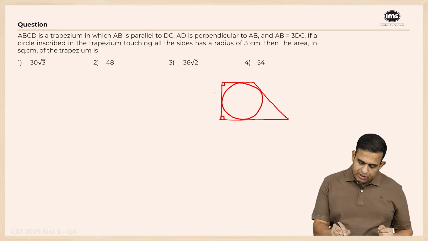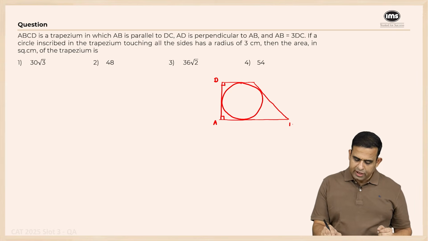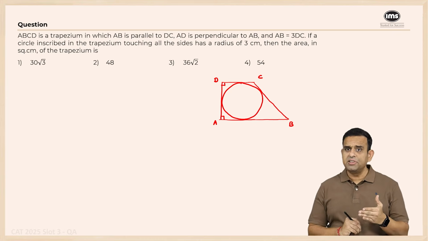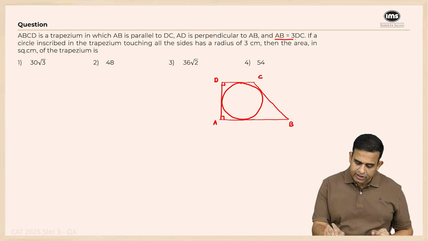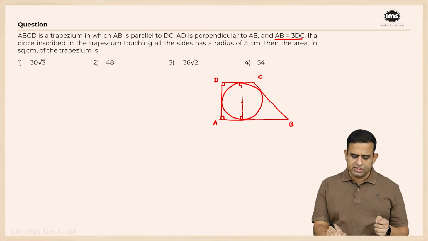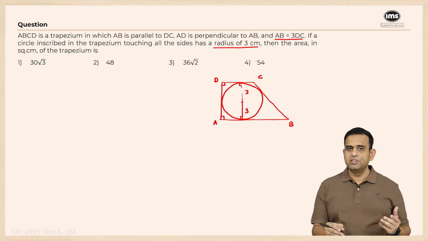So if you look over here, suppose I take DA, so AD is perpendicular to AB. AB is parallel to DC is perfectly fine, and AB is 3 times DC is also very important. Now this is your center and this is tangential, this also is tangential, and this part is simply 3 and this is 3, because the radius of that circle is given as 3.